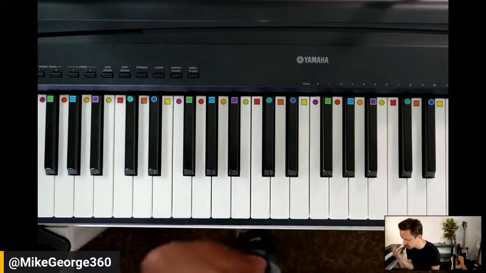And I mean, frankly, in my opinion, that's the most satisfying part of the song. And it's that tritone, it's that blues riff.